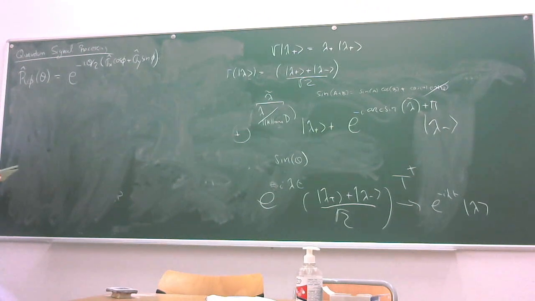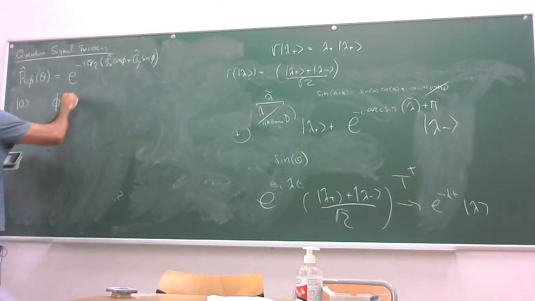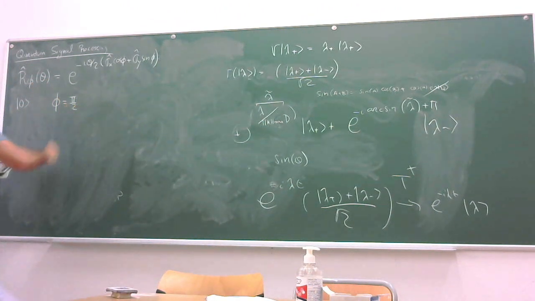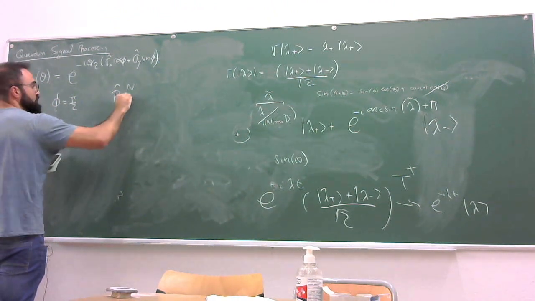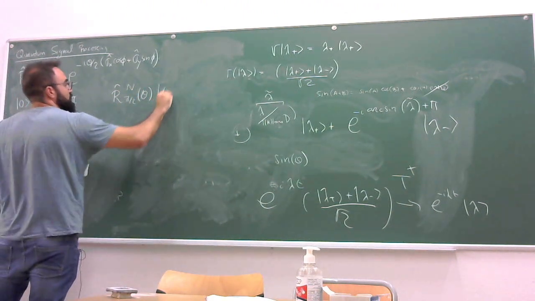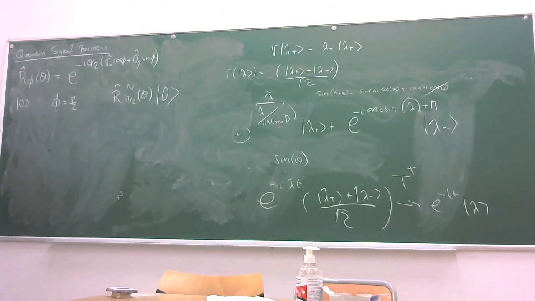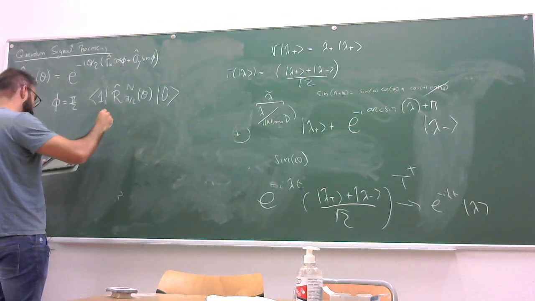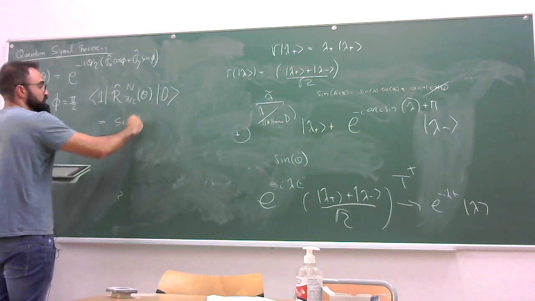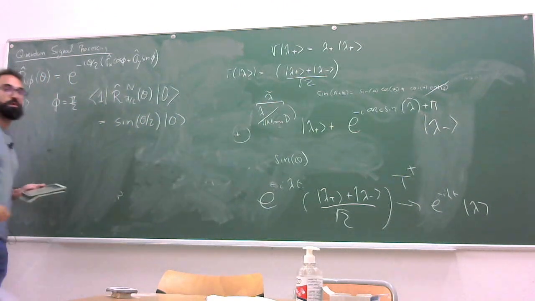So the idea behind this is that, okay, let's take a single qubit in an arbitrary state, for instance, take the initial state to be 0, and if I, for instance, apply a sequence of these rotations, taking the rotation axis to be the x-axis, if I take pi over 2, and I apply n of these gates with a rotation of theta on the initial state 0, and then I properly project, for instance, into the state 1, I'm going to compute the function sine of theta over 2 into the amplitude of the quantum state.